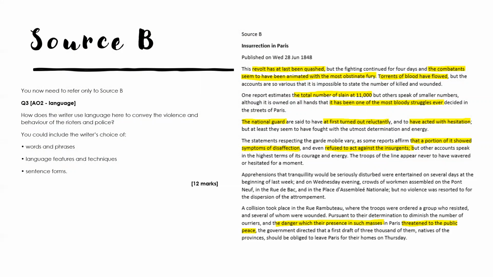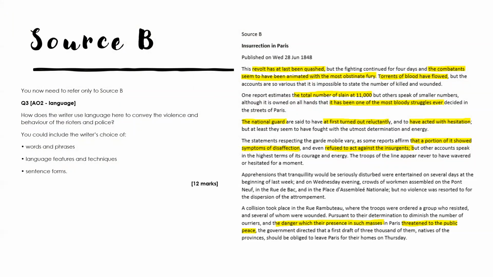Now I thought the word revolt is a really powerful, stirring word. And you might associate it with the word revolting, which has connotations of unpleasantness and disgust. So the rioters are almost portrayed in a disgusting way almost immediately in this extract. And then we've got "the combatants seem to have been animated with the most obstinate fury." The word combatant portrays imagery of war.